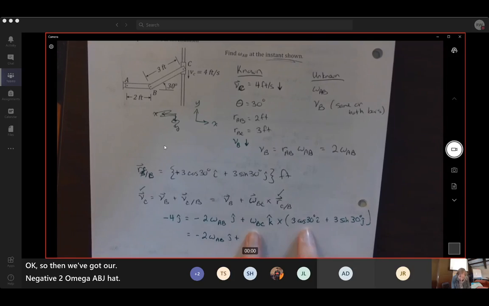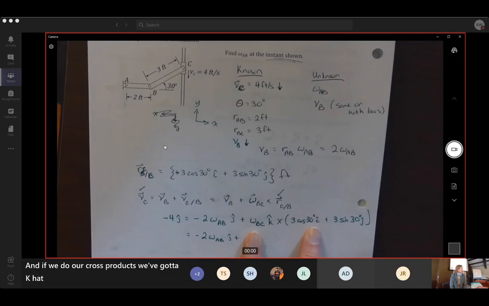And if we do our cross product, we've got a k hat crossed with an i hat, which gives us, k cross i is, let me try again, positive j.